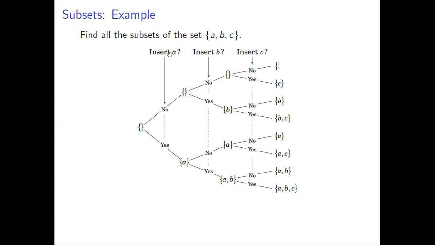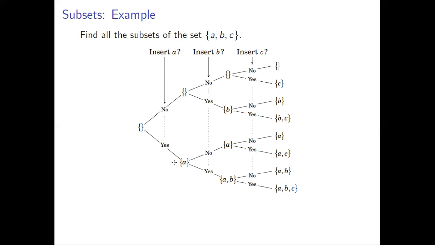So we have a question: should we insert A or not? We start with the empty set. One option is we don't insert A, in which case we're left with the empty set again. Another option is that we do insert A. In that case, we're left with the set containing one element, namely just the letter A.